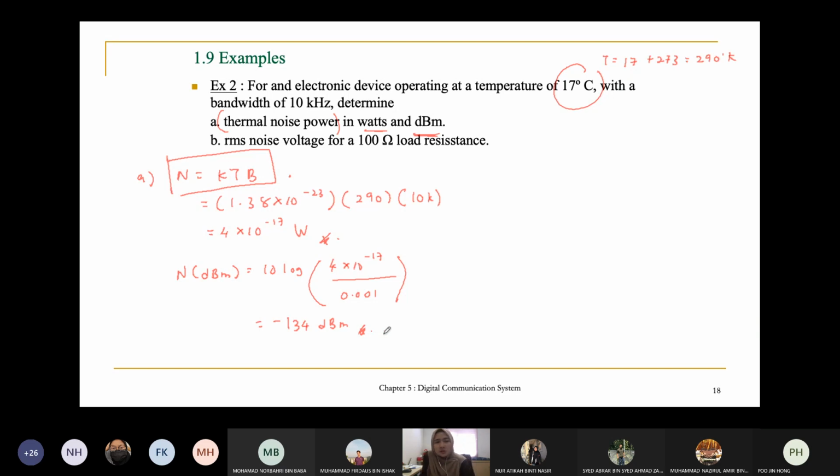The second question asks you to calculate the RMS noise voltage for a 100 ohm load resistance. Okay, so this one you already learned, you already know the equation for RMS noise voltage. So Vn is the noise voltage. Vn is equal to the square root of 4RkTB.